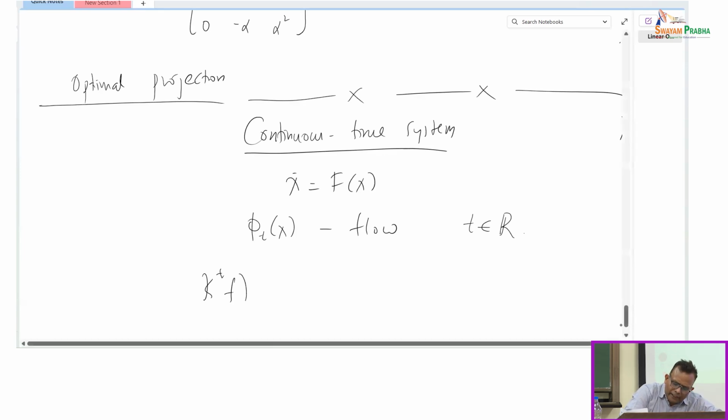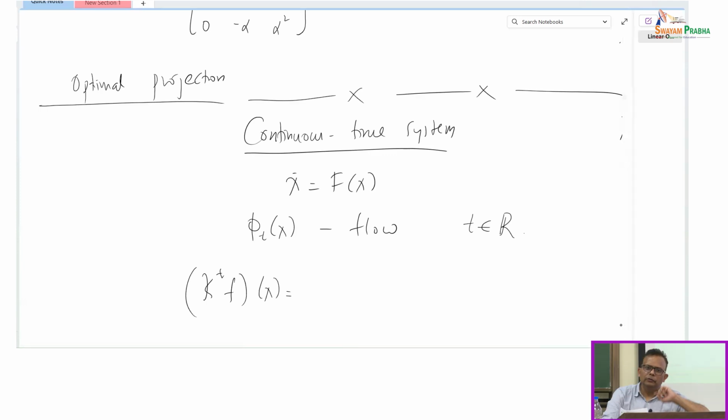So K^t of f of x, what do you think this will be? Just based on the discrete time definition, it will be f of phi t of x. Because if you take t to be 1, it reduces to discrete time.